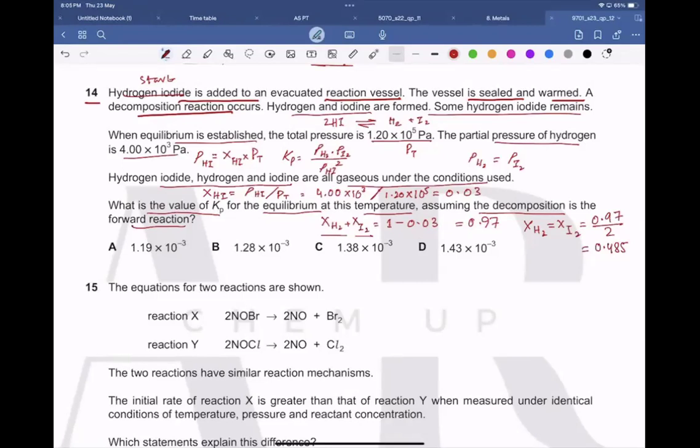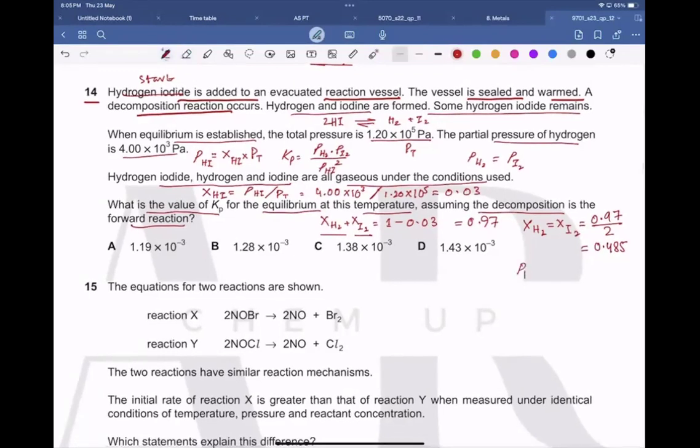Okay. So now, if I have to find the partial pressure of hydrogen and the partial pressure of iodine, it is going to be equal to the mole fraction, that is 0.485, times the total pressure, which is 1.20 × 10^5.